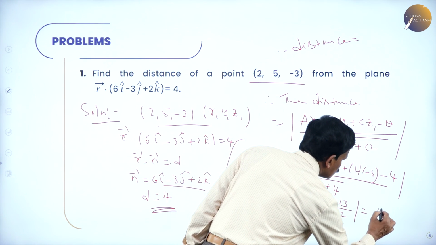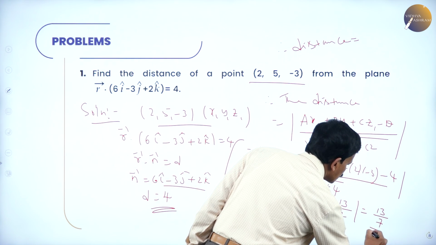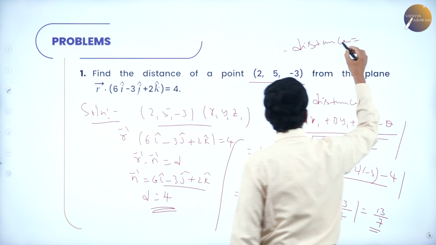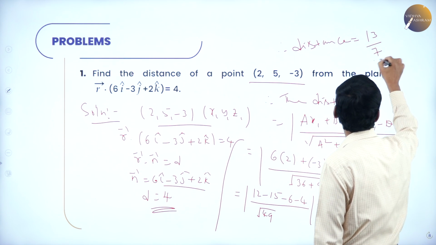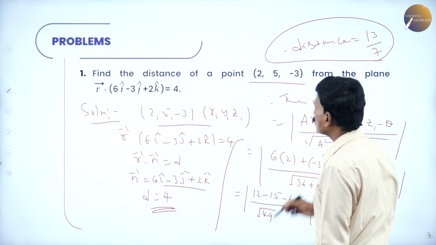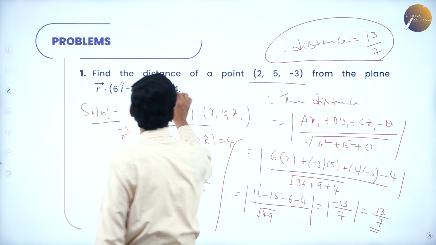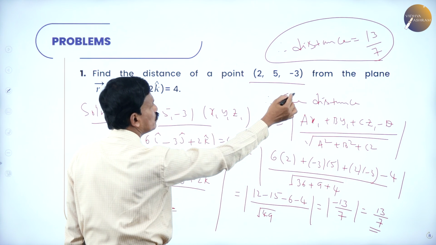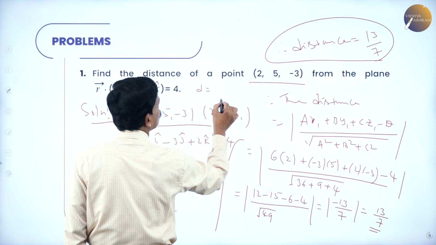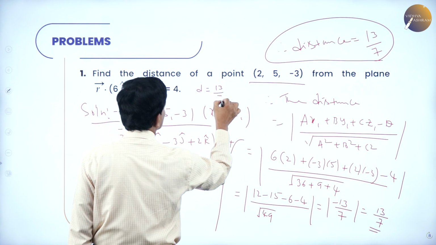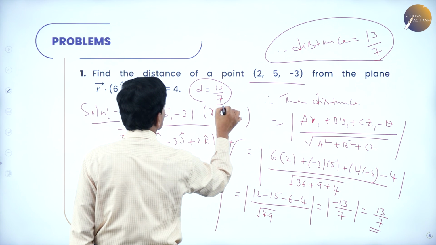This is equal to 13 divided by 7. So therefore the distance of the point (2, 5, minus 3) from the plane is d equal to 13 by 7.